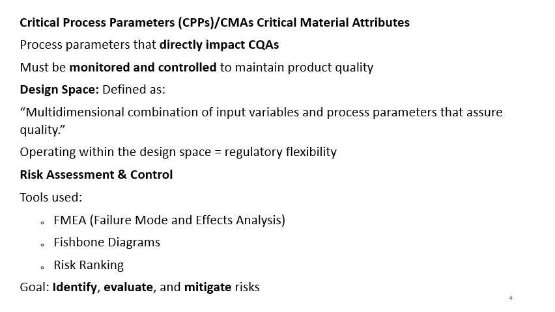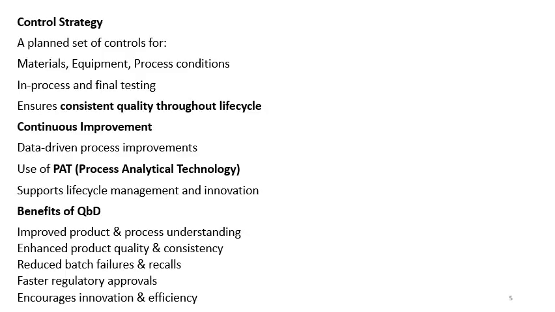So along with the CQAs, CPPs are required to be provided in the QbD. Risk assessment and control: various types of risk assessment tools are used, like failure mode and effect analysis, fishbone diagrams and risk ranking. The risk assessment and control aims at identifying, evaluating and mitigating the risk to the product.